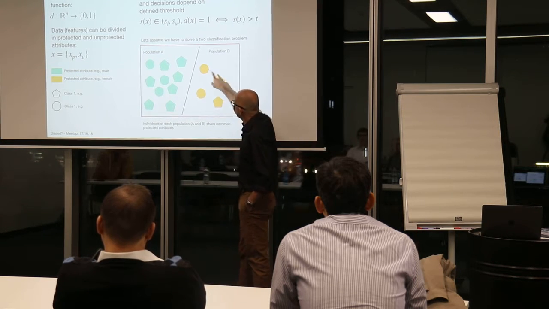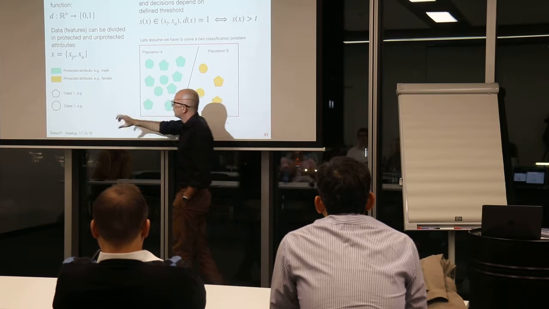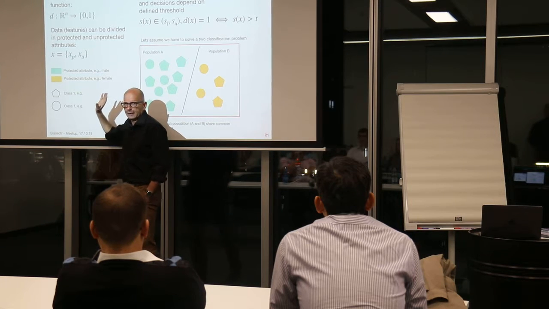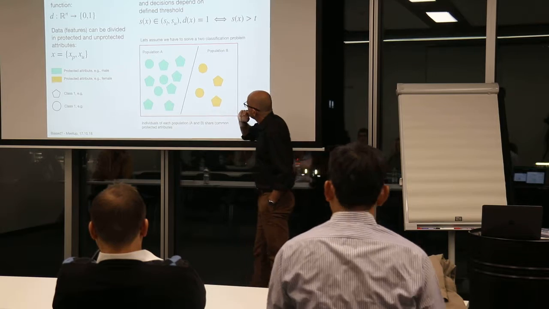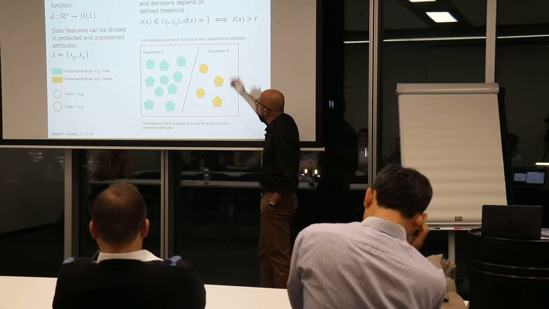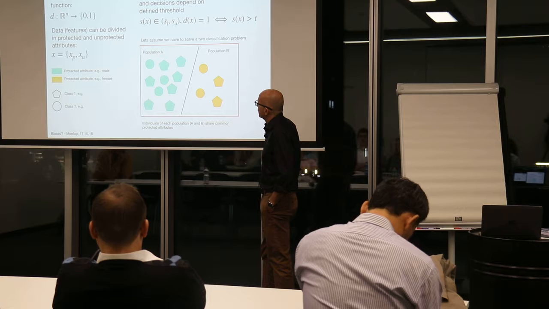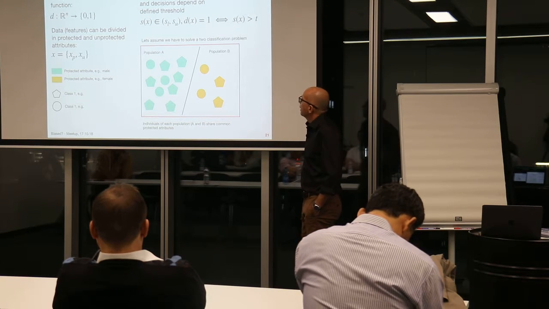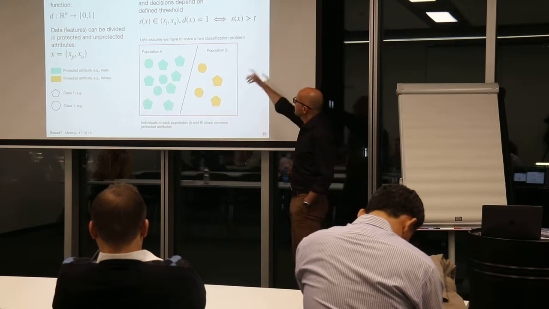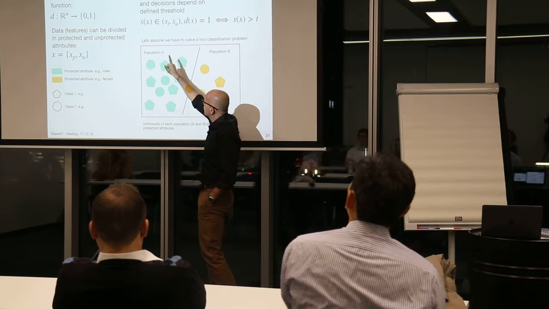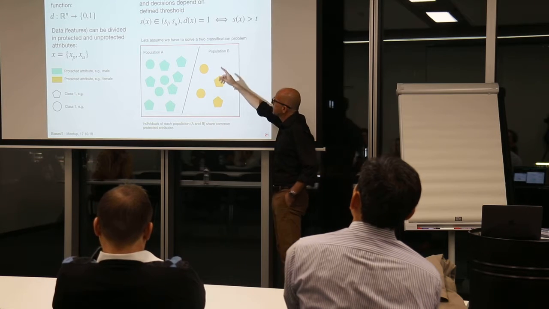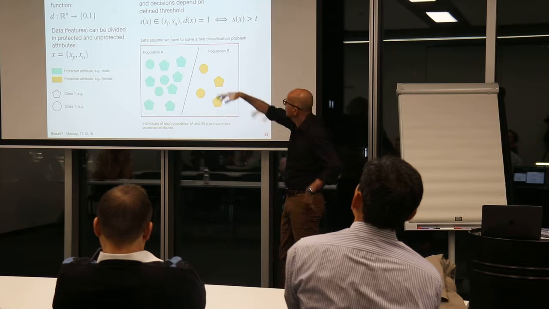Now the shape of these data points gives you two different classes. You can put whatever you want: it should be higher, should not be higher, and so on. So we have a two classification problem. Now, what is basically a fair algorithm? A fair algorithm is one that calculates the score of an individual, and the score might be in a given range.